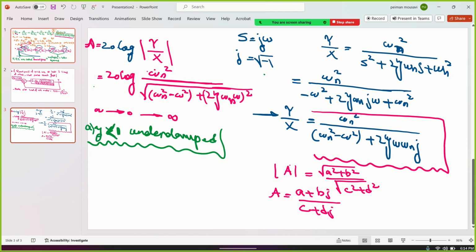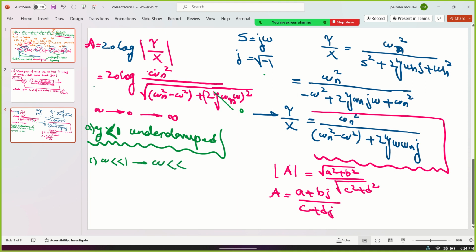So I'm gonna say case A, if omega is very much smaller than omega n. Zeta is smaller than 1, so you're gonna say bye-bye to this term.